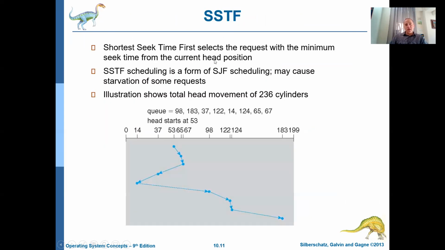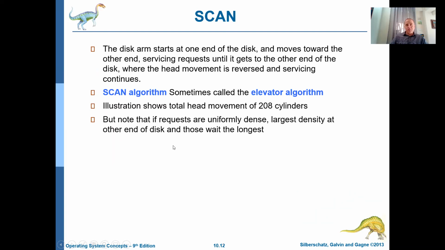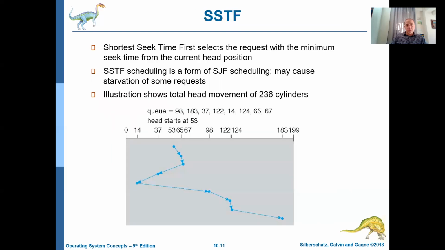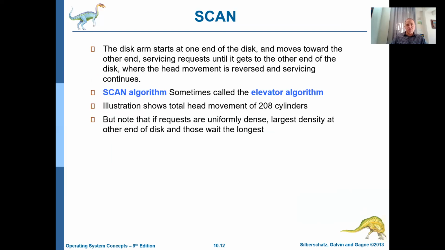That's first come, first serve. Or I can say, I'm at 53. I'm not going to go to 98 because I'm going to go to the closest one, which is 65. And I'll go up, up, up, closest one. That's shortest seek time first.